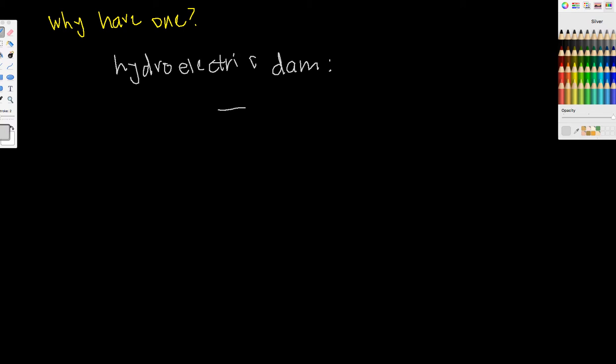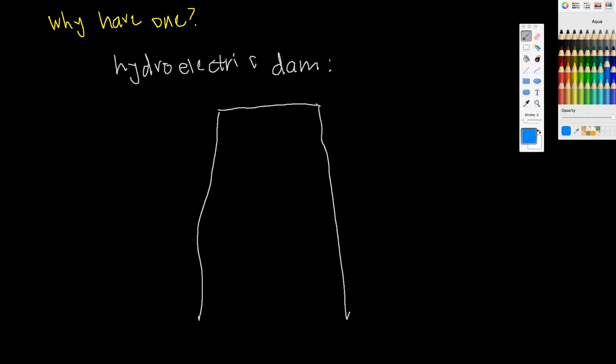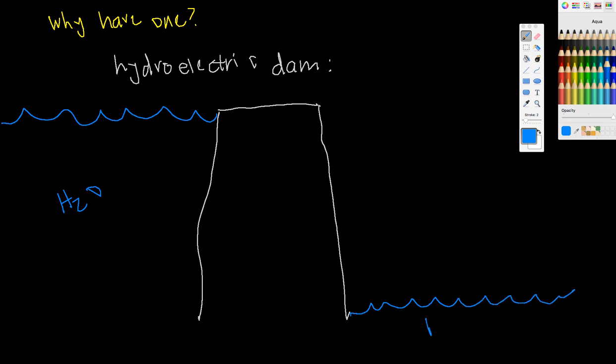So the principle of a hydroelectric dam is you have a big wall. And behind the wall, you've put a bunch of water. And on the other side of the wall, downhill, you have a lot less water.